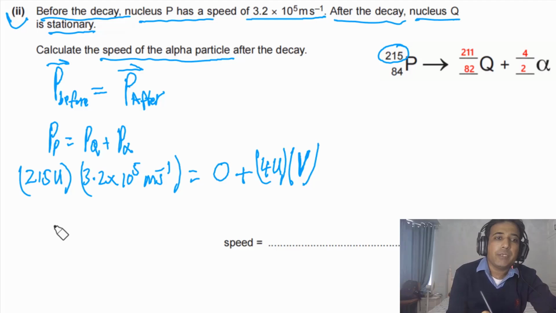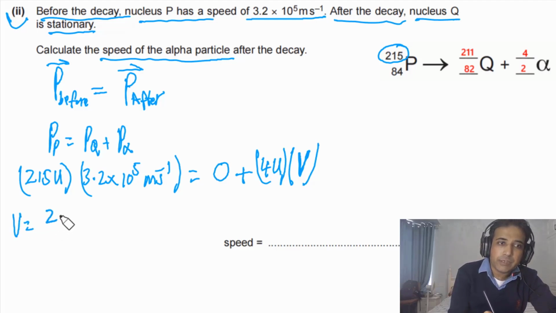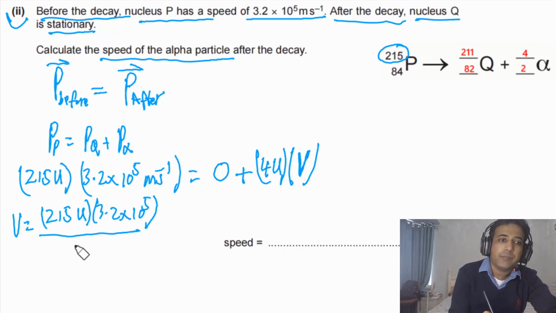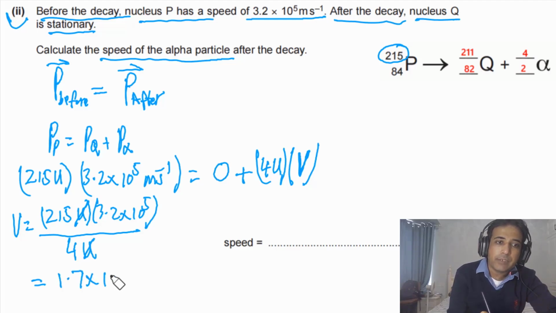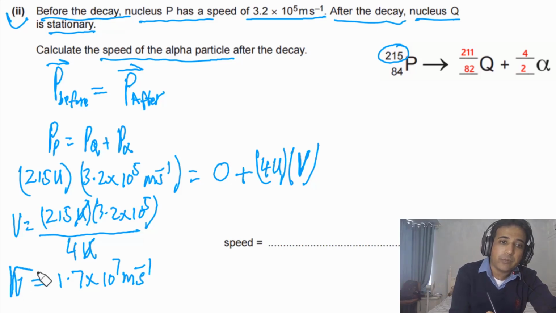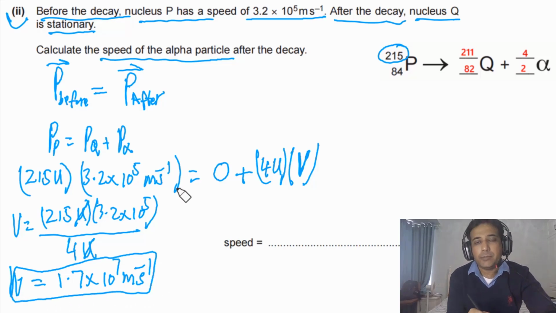So v will be equal to 215 u times 3.2 times 10 to 5, divided by 4u. The u cancels, and if we simplify we get v equal to 1.7 times 10 to 7 meters per second. The alpha particle will be moving at very high speed after the decay, so it has a lot of kinetic energy.